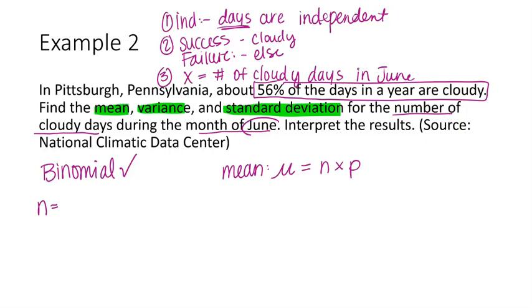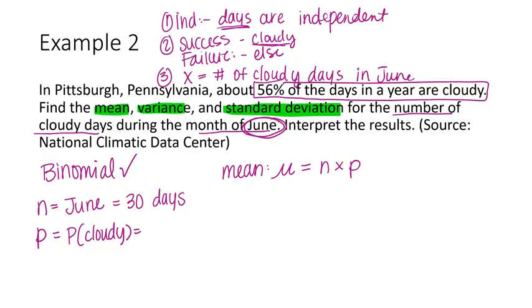If I'm in the month of June, June has a total of 30 days. P, remember, P is the probability of a success. So I'm looking for the probability of being cloudy. They say I have 56%, so 0.56 as a decimal.